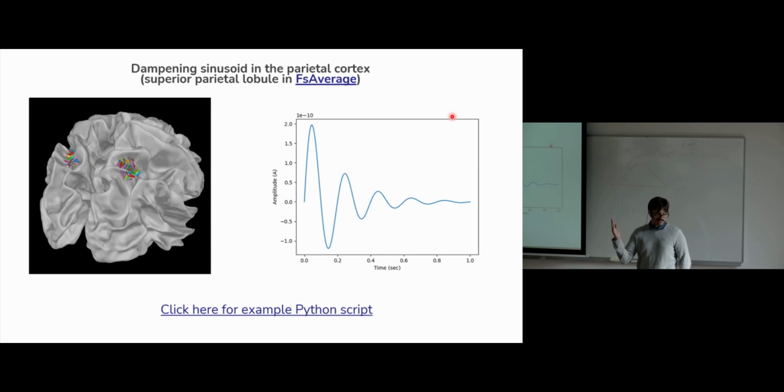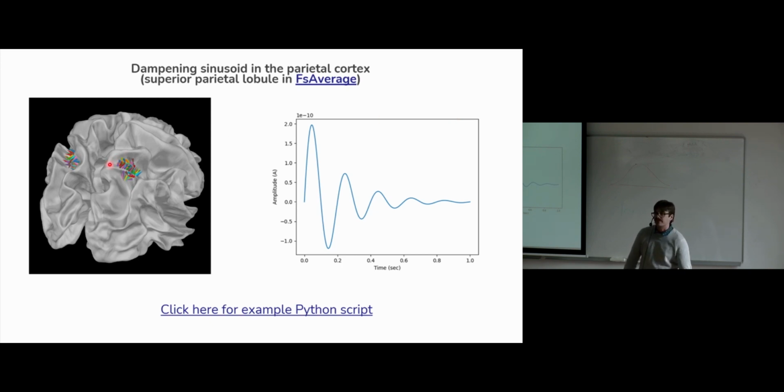I chose the superior parietal lobule because that seemed reasonable. It's centered on the label of the superior parietal lobule, and it has a 10 centimeter extent in folded space. This is just an average brain from FreeSurfer.